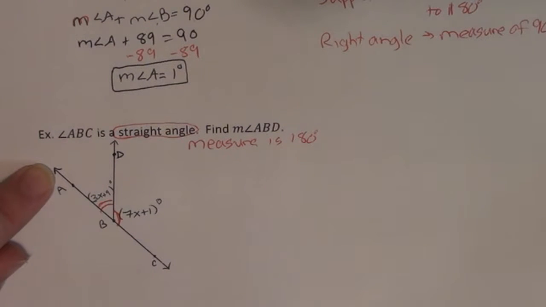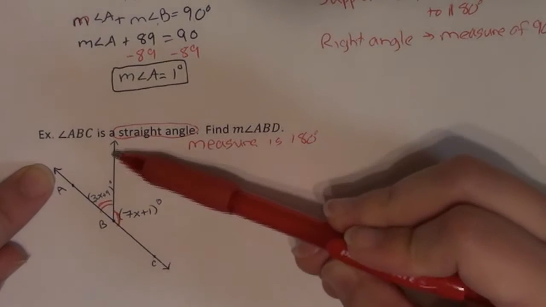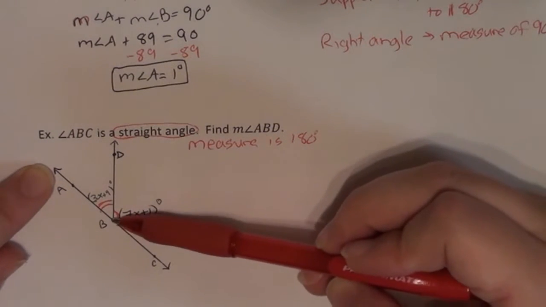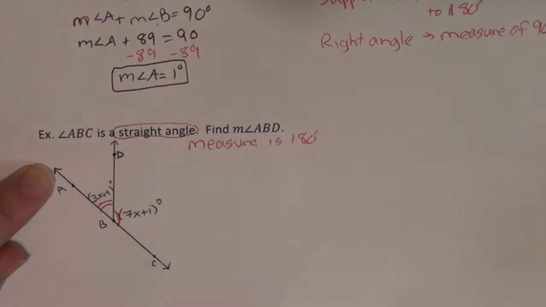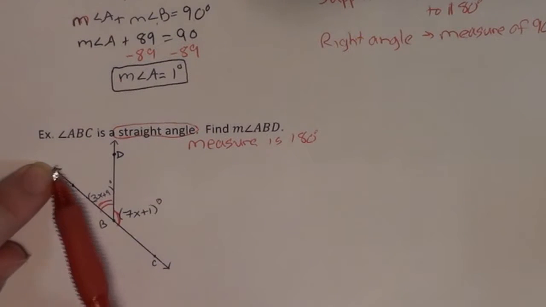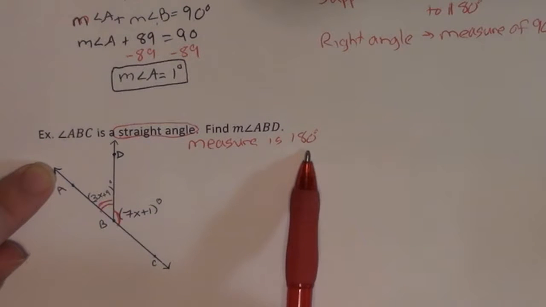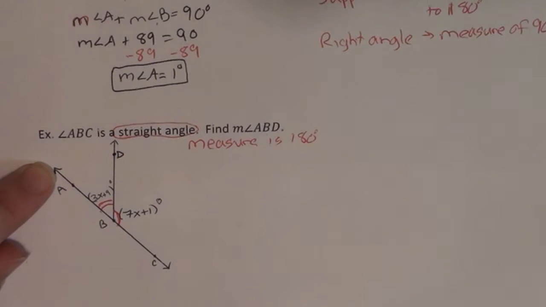Those two angles are adjacent because they share ray BD. They share vertex B, and they both go to point D. This actually also makes them a linear pair, because together angle ABD and angle CBD make a line, and the line has a measure of 180 degrees. All these words are very, very closely related.